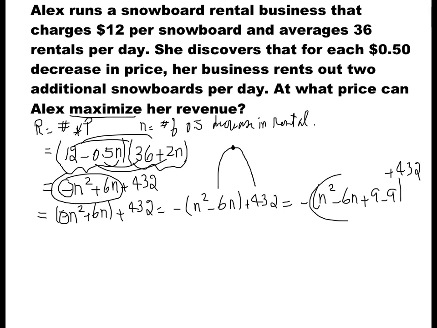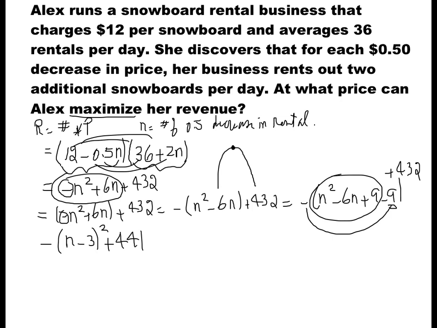Now I take these three terms, and you can see that these three terms give me negative, n minus 3 squared. Now a negative multiplied by negative 9 gives you 9 plus 432, which gives us 441.